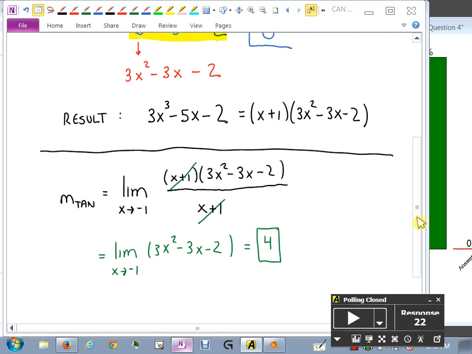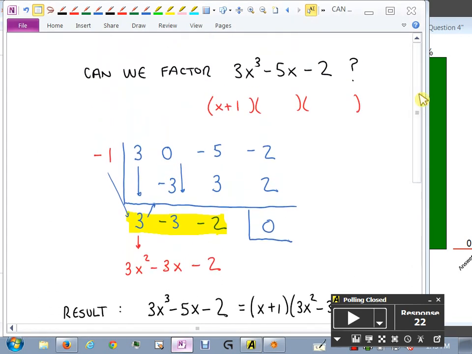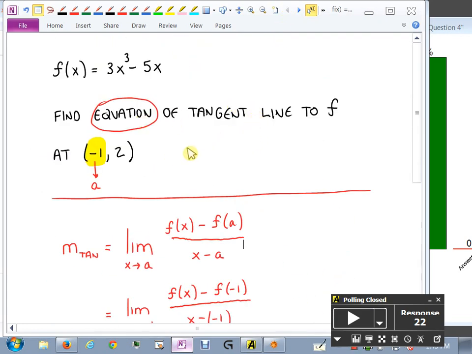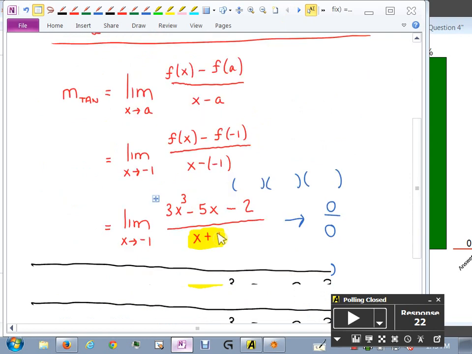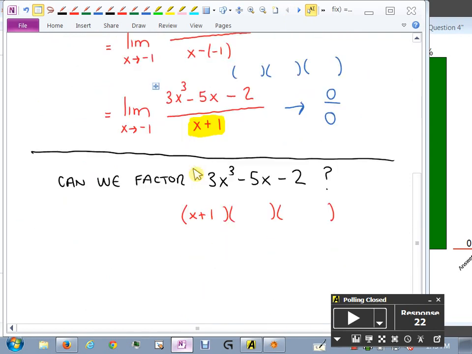I'll recap. We're not done. All we found was the slope of tangent line, right? We're not done. So let me just recap this thing. We started with this. We said, here's the formula. We plugged in. We said, this is not a quadratic. How do we break that down? Well, I know x plus 1 has to be a factor because when I plug -1 in, I get 0.